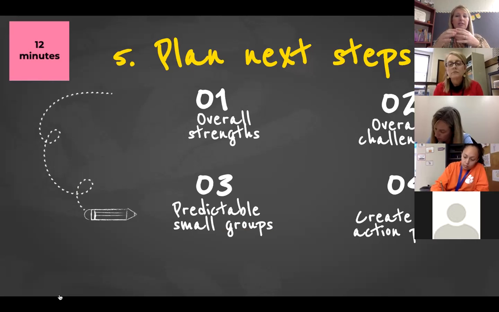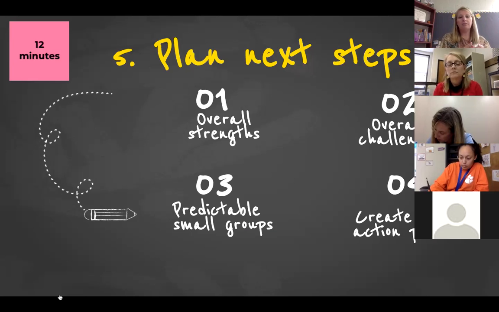And this is where it's really beautiful because now you can start looking for trends and thinking about predictable small groups. When I looked at the overall challenges, this group of 4 students all have the same challenges. So now I can pull them into a small group and create an action plan for them.